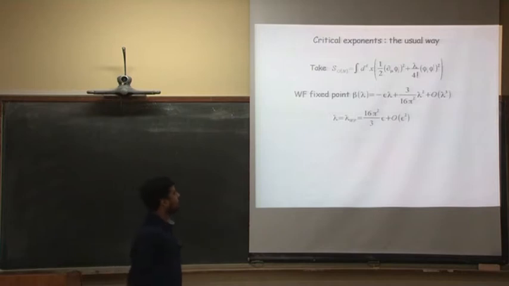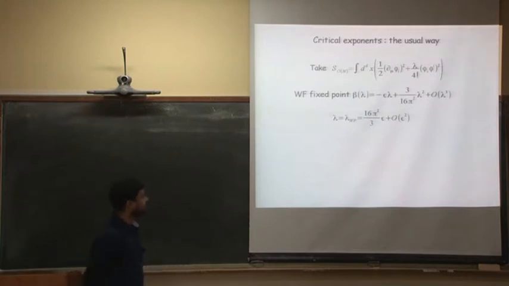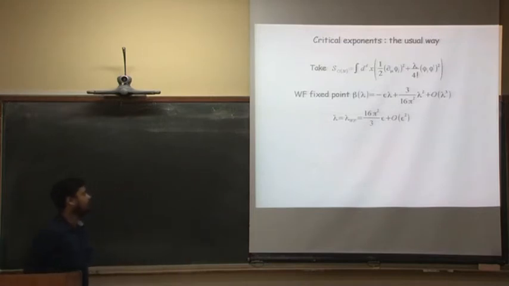And at the Wilson-Fisher fixed point, you will find that you can write the normalized coupling in terms of some expansion series in epsilon. By the way, we are working in D equals 4 minus epsilon, from which I started the theory, and then I moved to the interacting fixed point, which is the Wilson-Fisher fixed point.